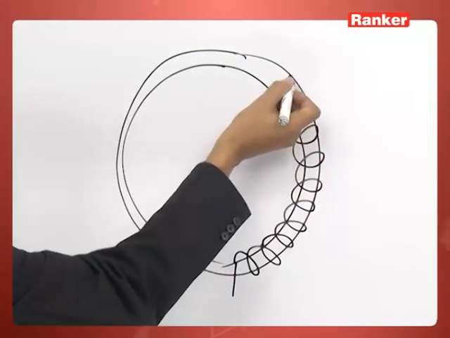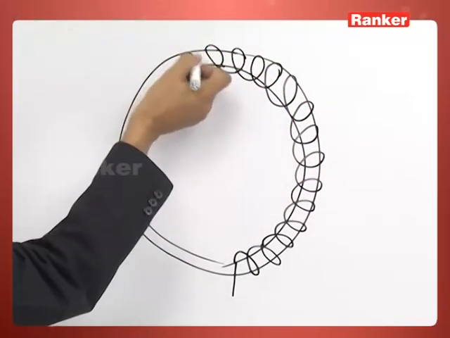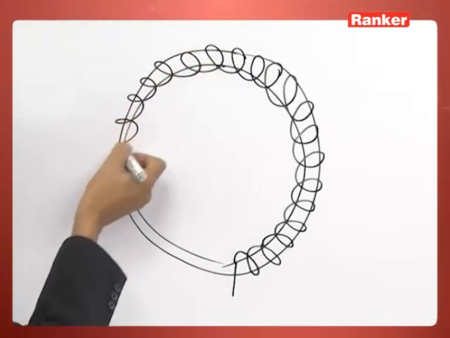In the toroid, a wire has been wrapped on a circular support like this.